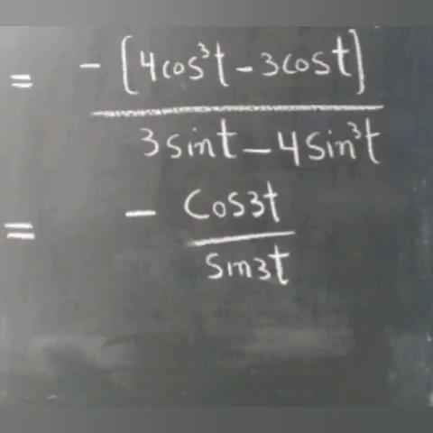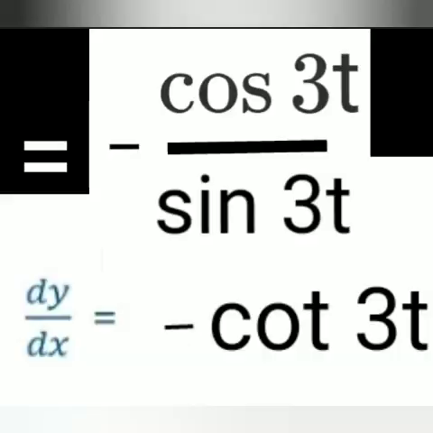We get minus cos 3t divided by sine 3t, and that is equal to minus cot 3t. So thus dy by dx is equal to minus cot 3t. Now this completes the differentiation of the given function.